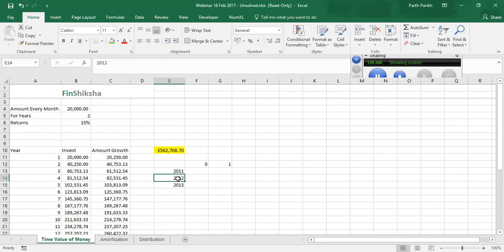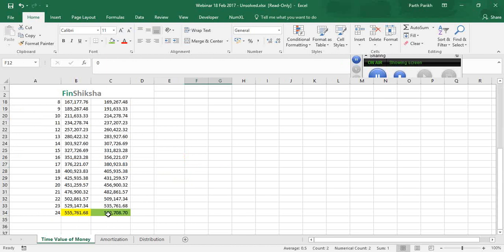If I put 1, it directly assumes that my investment started in the first month or first period of 2011. So there is a gap of 1 period between 0 and 1. That's why you see the difference over here.